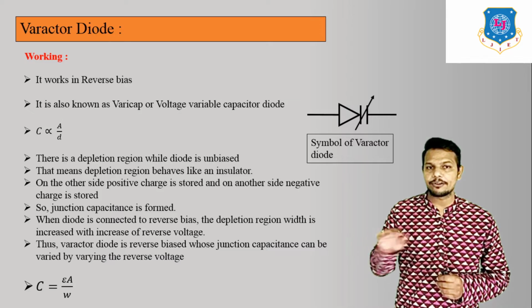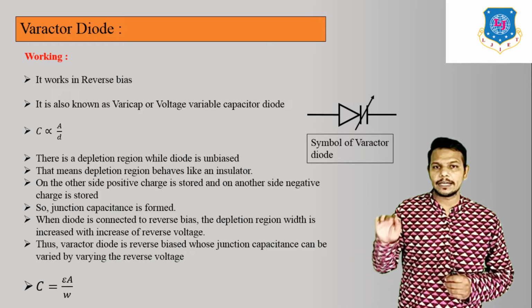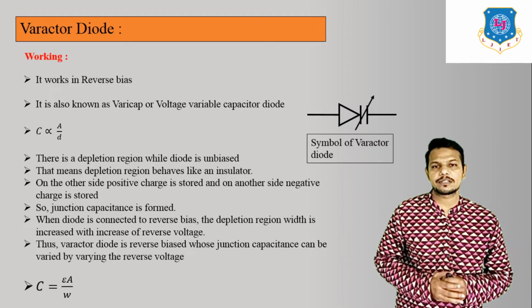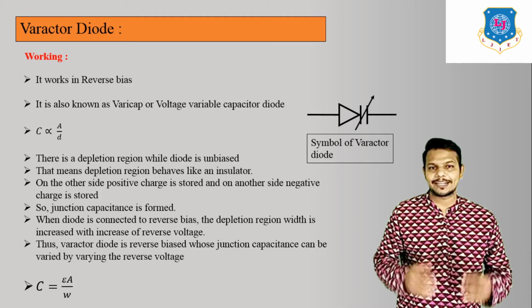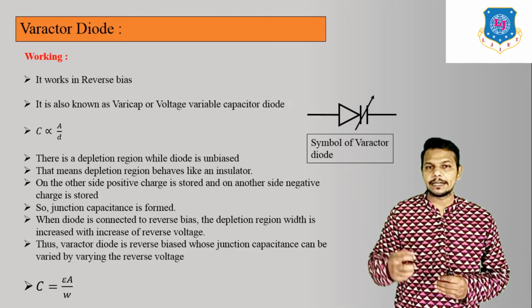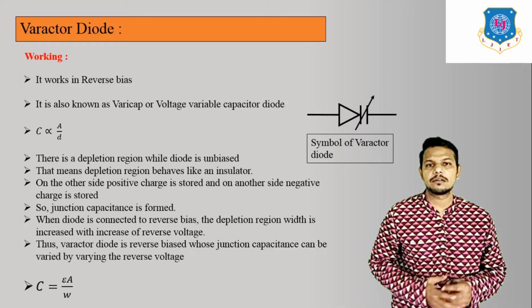The diode is connected in reverse bias. The depletion region width is increased with the increase in reverse voltage. Thus, a Varactor diode is a reverse biased diode whose junction capacitance can be varied by varying the reverse voltage.